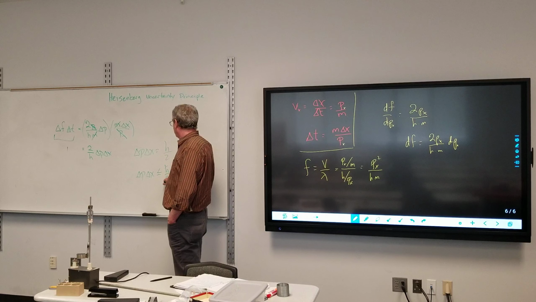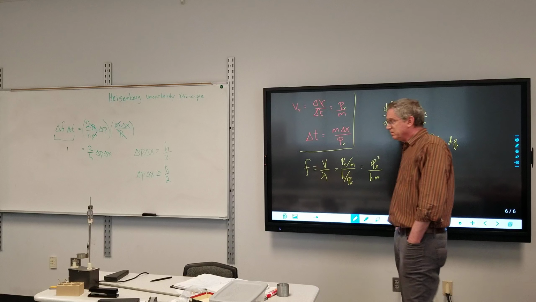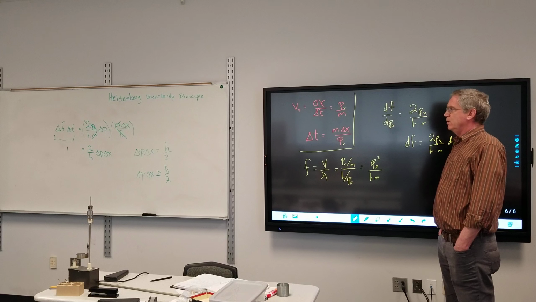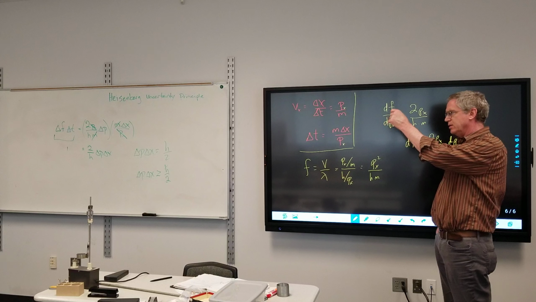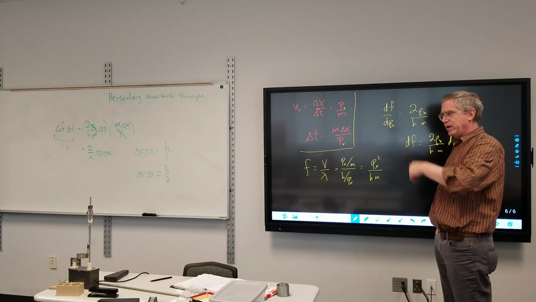And the more I know of one, the less I'm going to know of the other. That if I look at the uncertainty in each of them, the product of that uncertainty has got to be greater than or equal to this constant right here. It is impossible to find out more detail. I cannot know the momentum and the position at the same time. Just like with wavelength and the position that we had earlier.